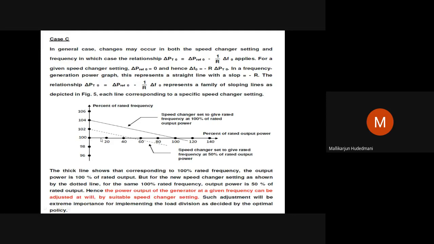At that 50 hertz, let's see this line. The solid line you observe, 100. 100% of the power of the generator you are taking out, which is followed by 104 connecting to 100. It means 104 refers to 100 plus 4. It is called the 4% droop line. So the 4% droop line connects to 100 output, nothing but the megawatt of a certain generator, 100 megawatt.